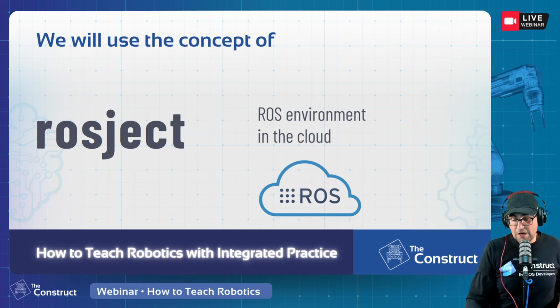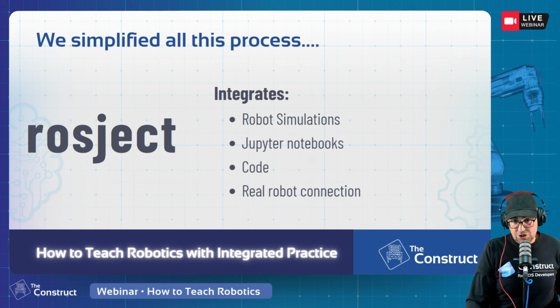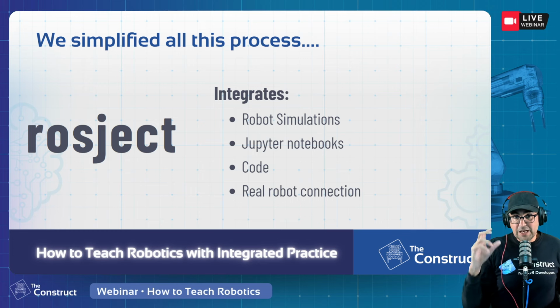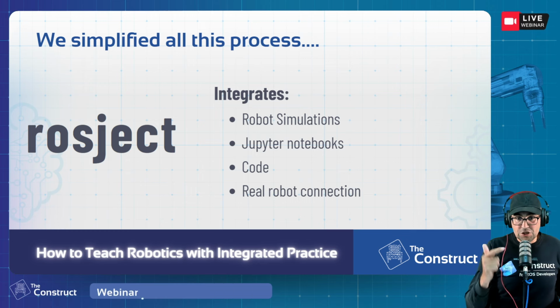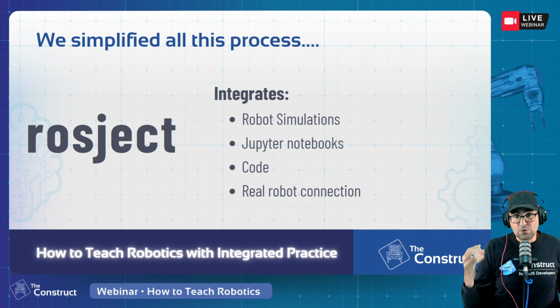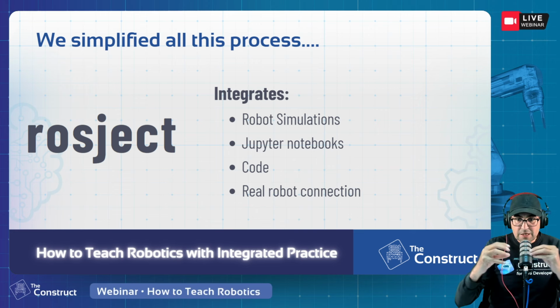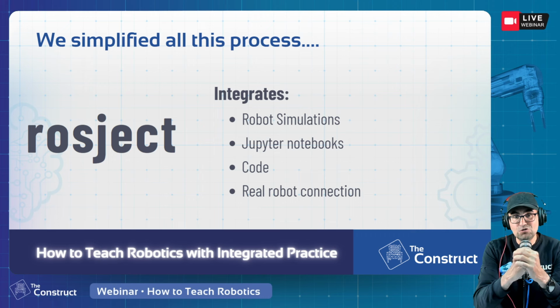We do that in the cloud because it has several advantages. First, we can integrate in the cloud the robot simulation, Jupyter notebooks, and code, and also even the connection with the real robots from the cloud inside a single project. So we can encapsulate all this into one single project.